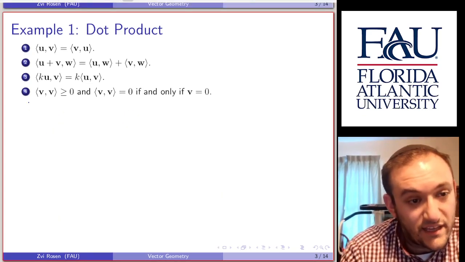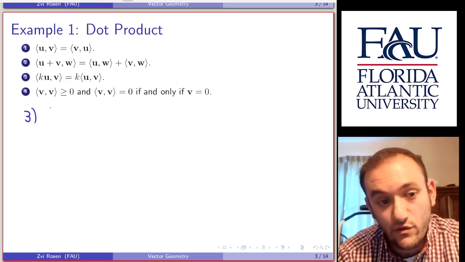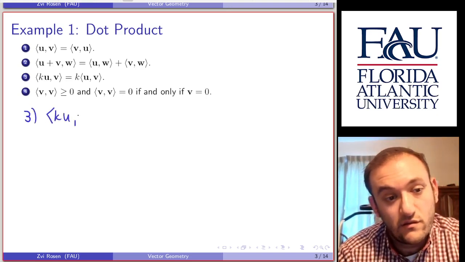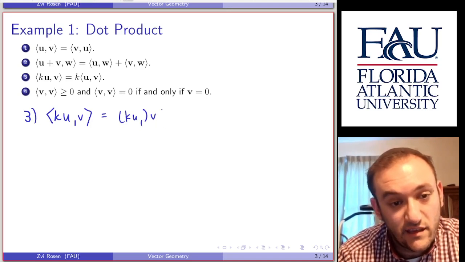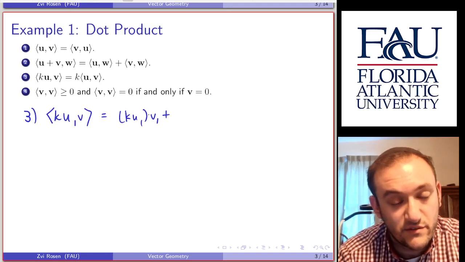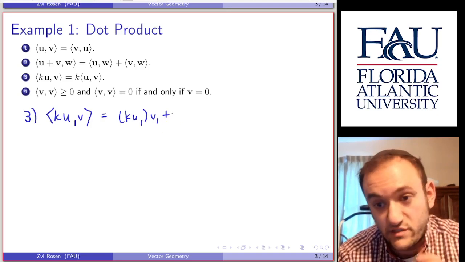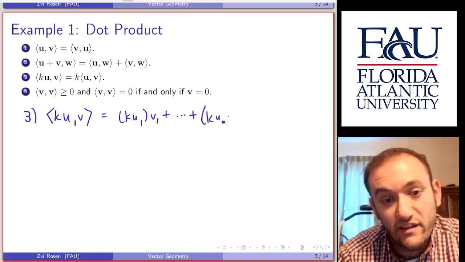Okay, now let's try to get homogeneity. So if we have the inner product of ku with v, well, the vector ku has coordinates ku1, and that gets multiplied with v1. So we're multiplying the coordinates, the first coordinates of each vector. And then we add this up to k un vn.